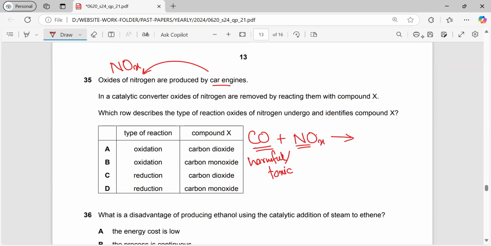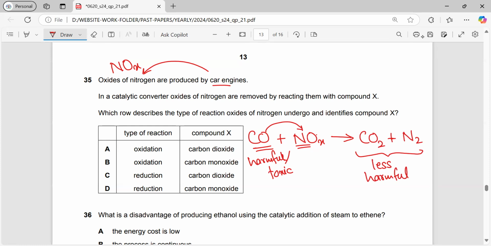Carbon monoxide takes the oxygen from nitrogen oxide, forming carbon dioxide, and nitrogen forms N2. Now these gases are less harmful. This happens in the catalytic converter.